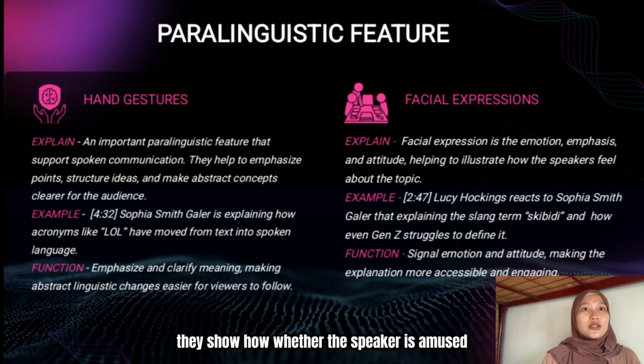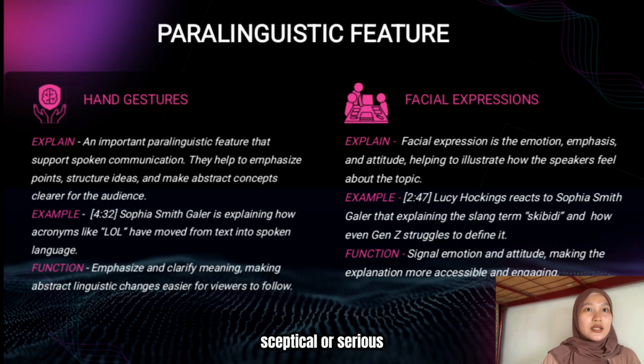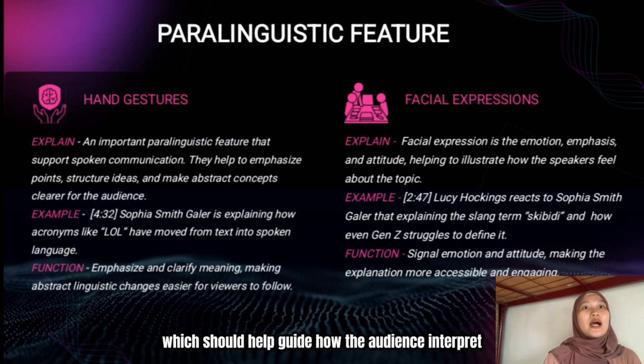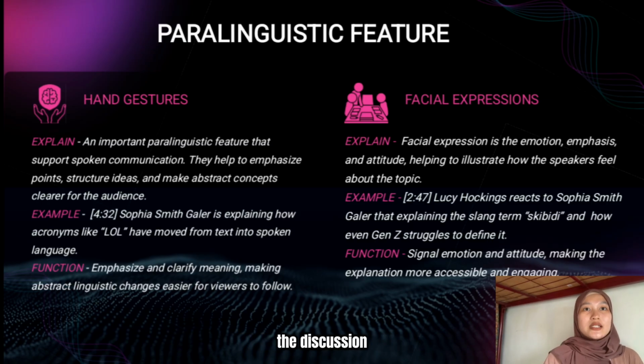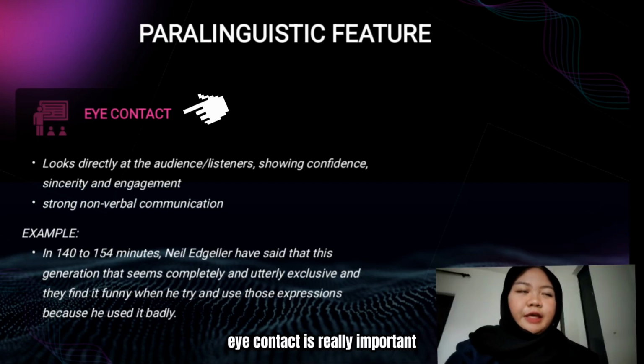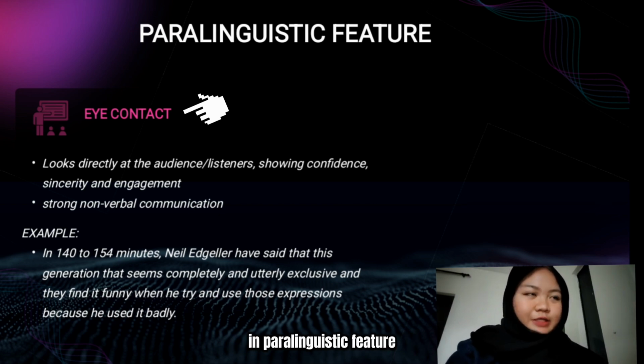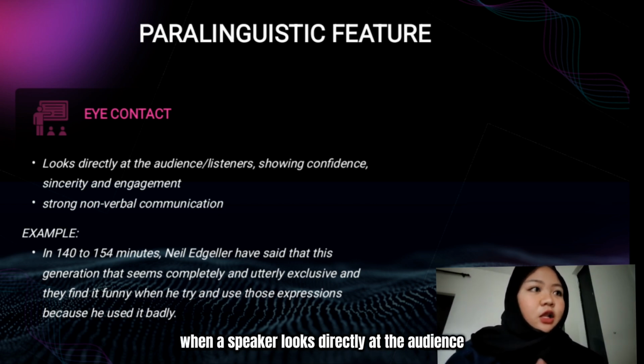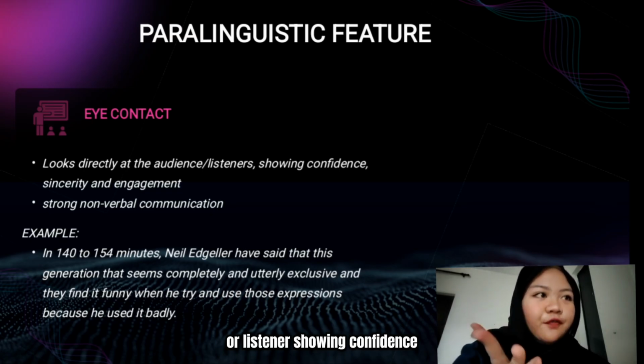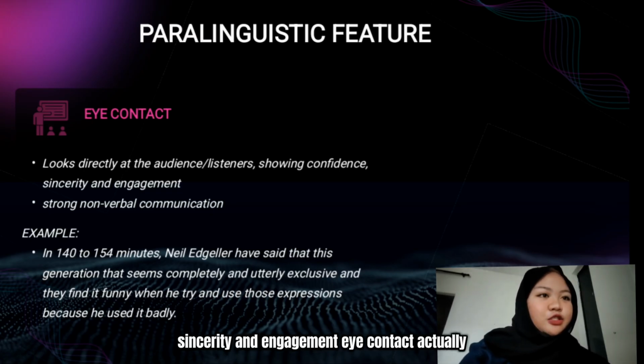They show whether the speaker is amused, skeptical, or serious, which helps guide how the audience interprets the discussion. Eye contact is really important as a paralinguistic feature. When a speaker looks directly at the audience or listener, it shows confidence, sincerity, and engagement.